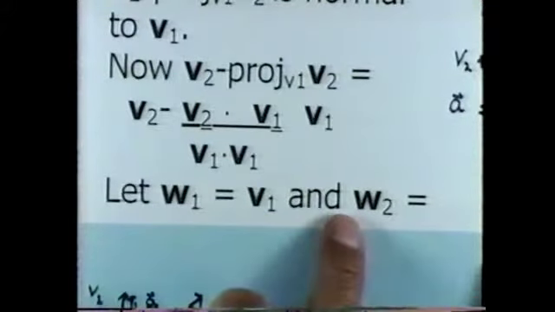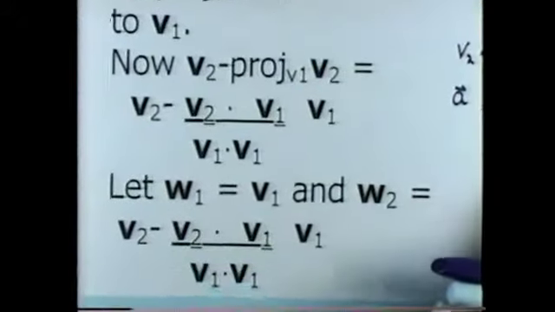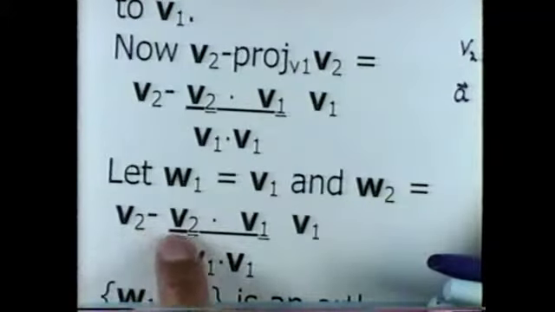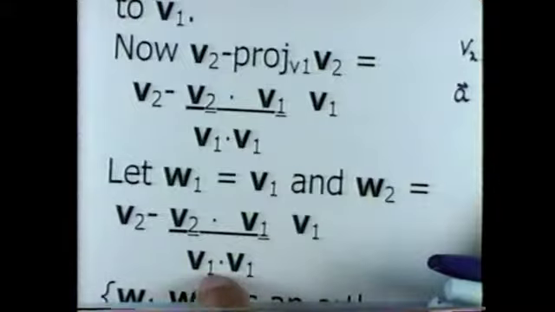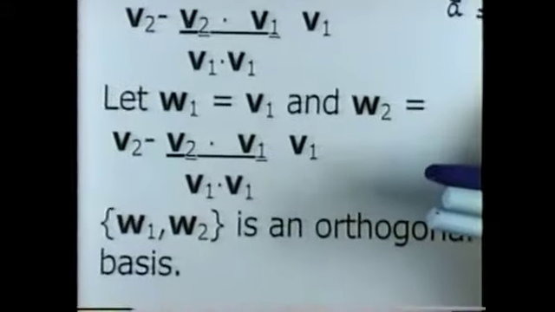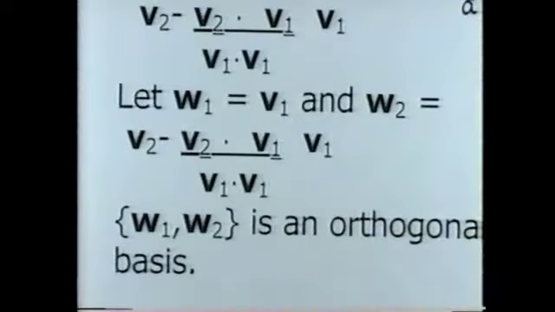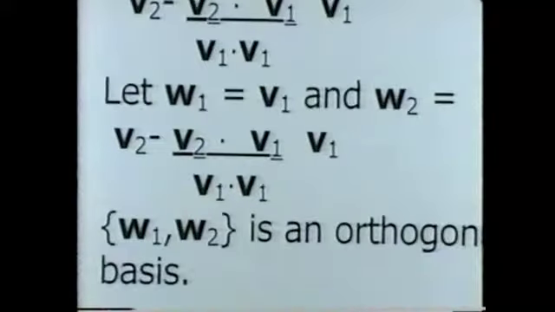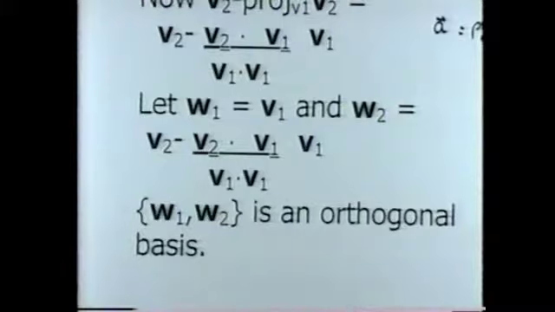So we'll let W1 equal V1 and W2 equal to this, V2 minus V2 dot V1 over V1 dot V1 times V1, and we'll get that W1, W2 is an orthogonal basis.